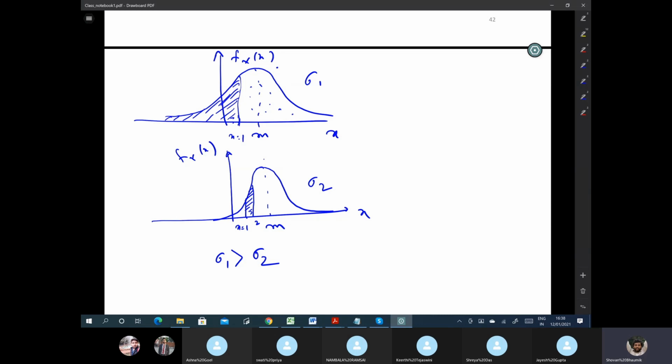And there are many other different PDFs, hundreds of PDFs are available, and those are also expressed by some equation which follows the properties of a PDF, and we won't go into that.